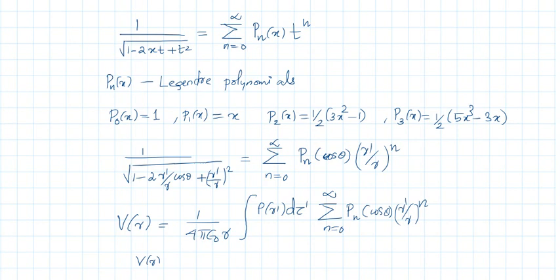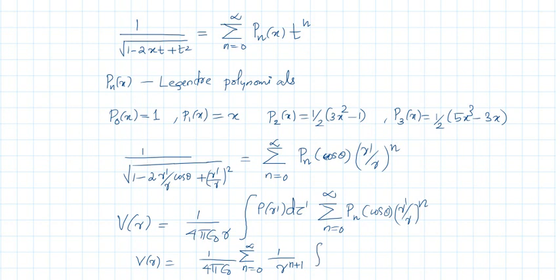Again, this r is a constant, so r raised to n you can take it outside. So 1 by 4 pi epsilon 0, sigma n equal to 0 to infinity. You can interchange the order of summation and integration. 1 by r raised to n plus 1. Here there is r raised to 1, here you have an r raised to n, so r raised to n plus 1.